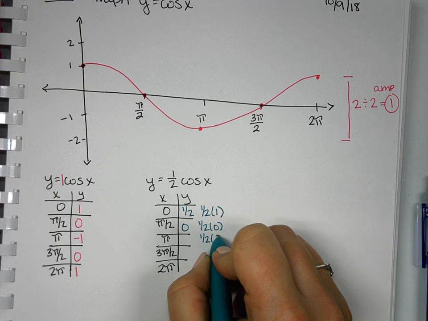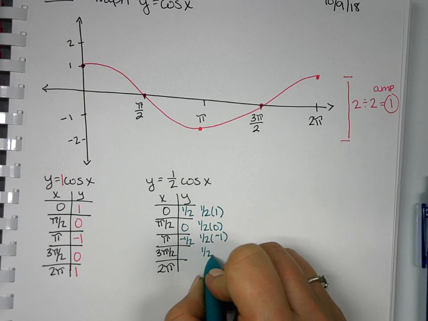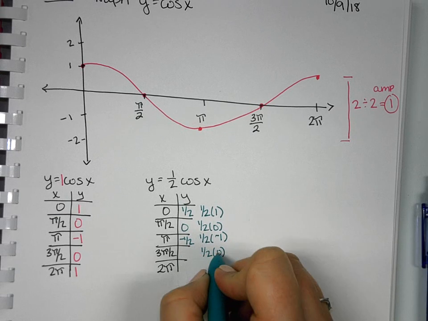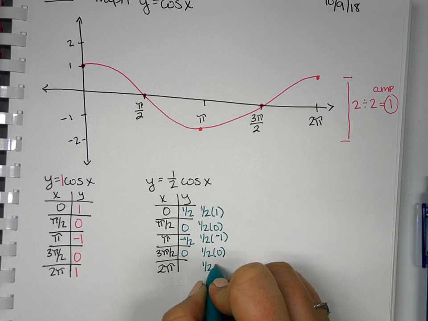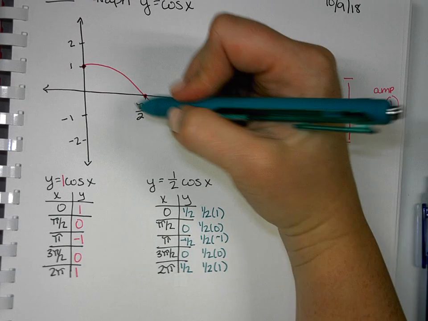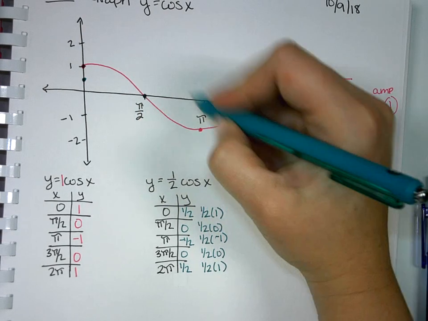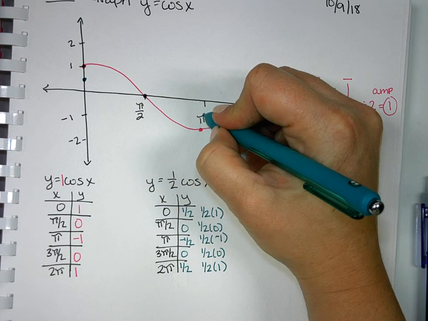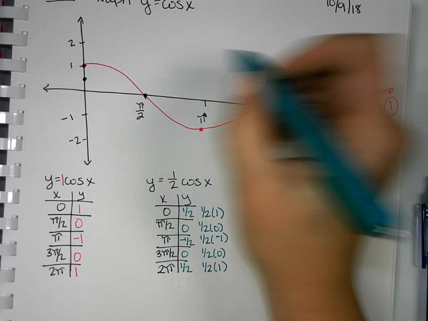Cosine of pi is -1, so we're going to get -1/2. Cosine of 3 pi over 2 is 0, so 0 times 1/2 is 0. And cosine of 2 pi is 1, so we end back at 1/2. So now when I graph this, I'm going to go 1/2, 0, -1/2, 0, and then back to 1/2.